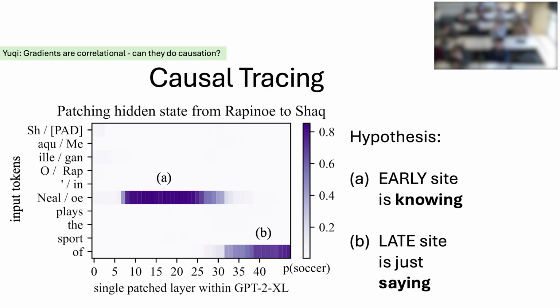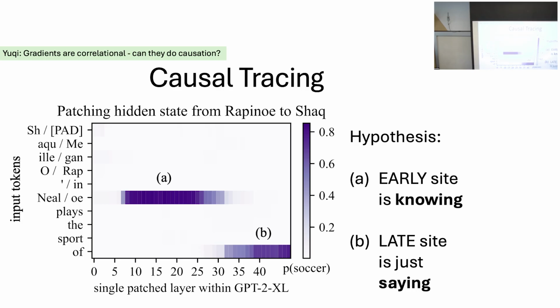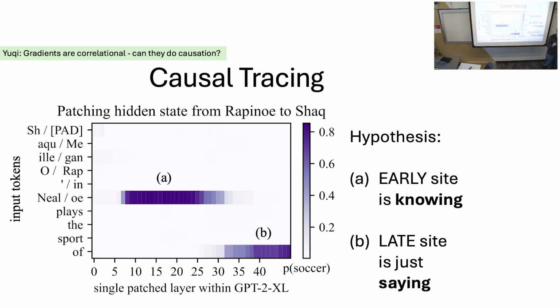There are other experiments you can run that try to find where the important information is by doing gradients on the network, right? And what is a gradient, or what's a derivative? A derivative is very similar to the causal experiment that we run here.